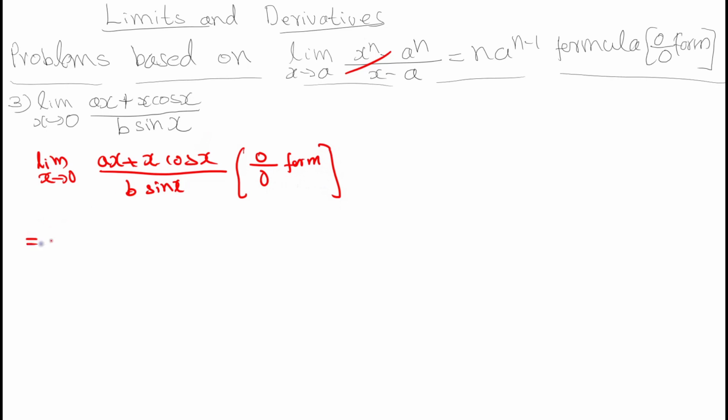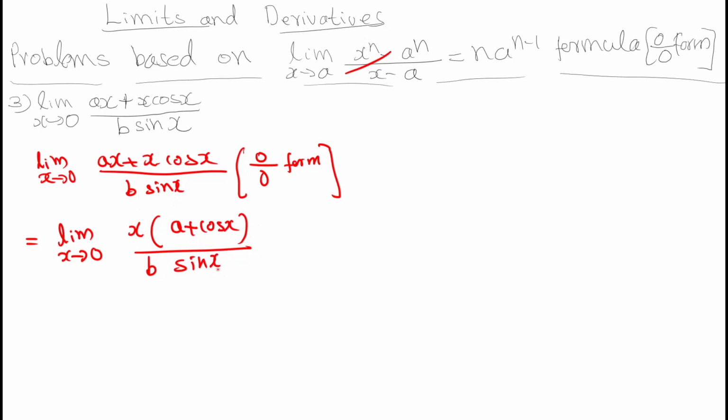For that reason I can rewrite it as limit x tending to 0. Here x is common, right? Take x outside. What remains is a plus cos x divided by b sin x. Now to apply the limit x tending to 0 of sin x by x equal to 1 form, I will divide and multiply by x. So the next step is limit x tending to 0 of x into a plus cos x divided by b into sin x by x, whose value as x tends to 0 is 1, into x.